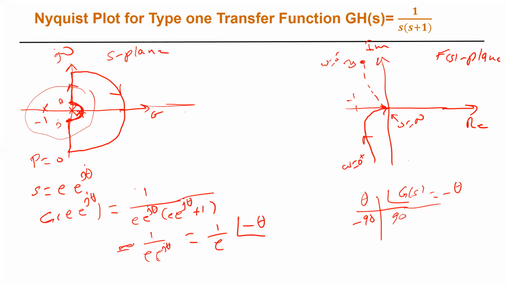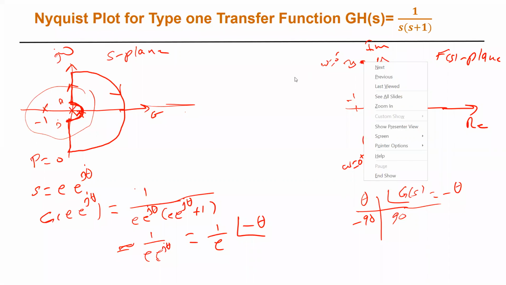Why, Doctor? Look, in terms of the magnitude, the magnitude is 1 over rho. Rho is a very small number, so the magnitude will be at infinity. Now, this angle is minus 90, and if you substitute in here, what do you get? 90. Where is the 90? The 90 here.